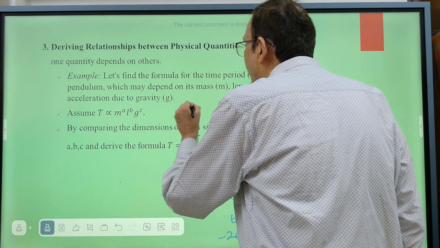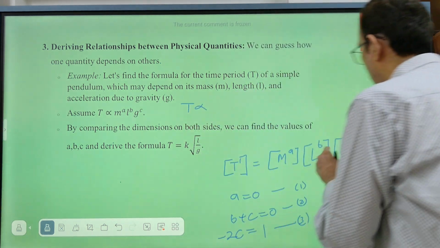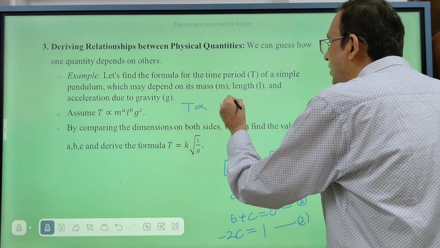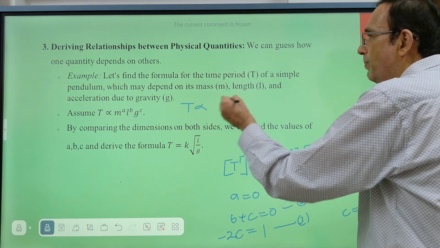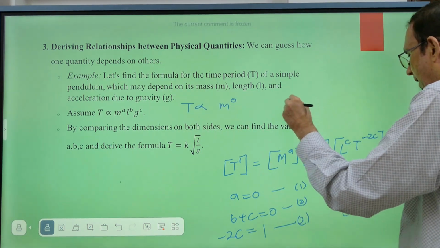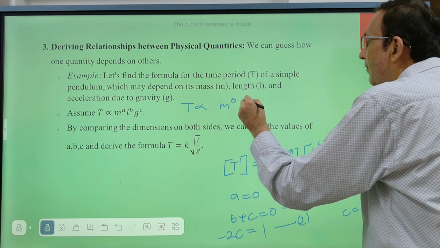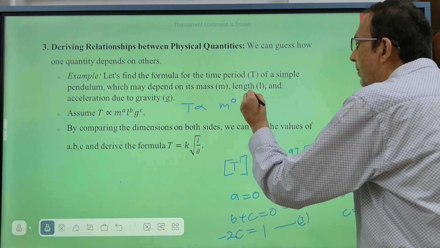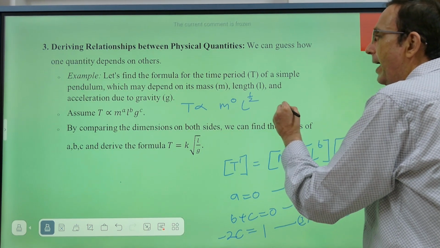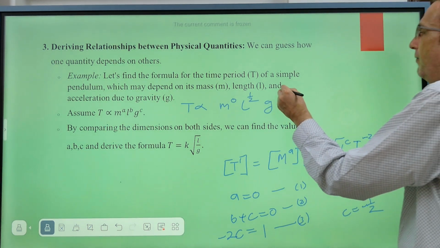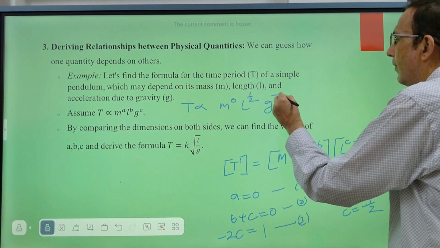So T becomes proportional to m raised to power 0, since a is 0, then L raised to power b, and b is plus half, so L is raised to power plus half, and g raised to power c, and c is minus half, so g raised to power minus half.